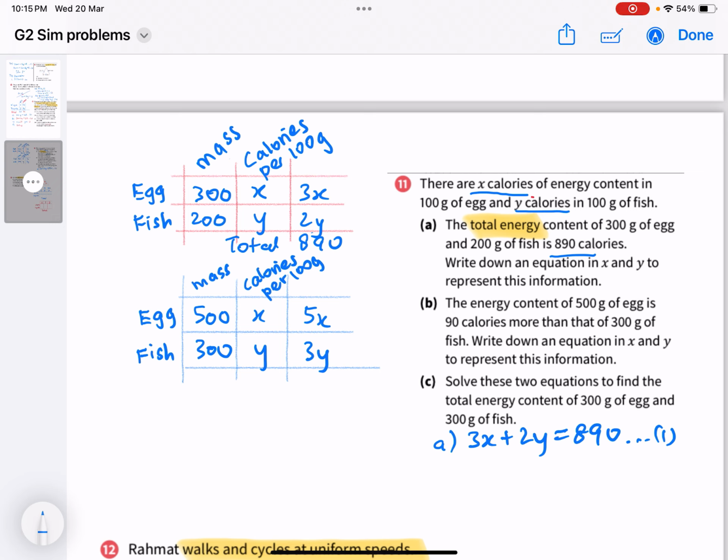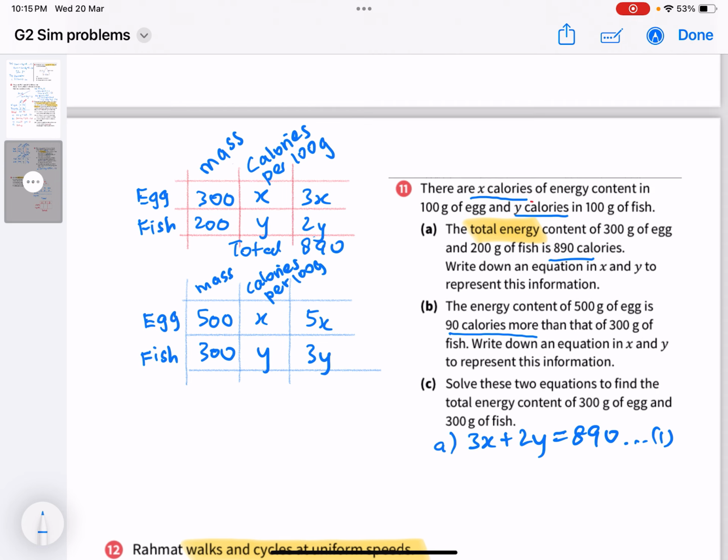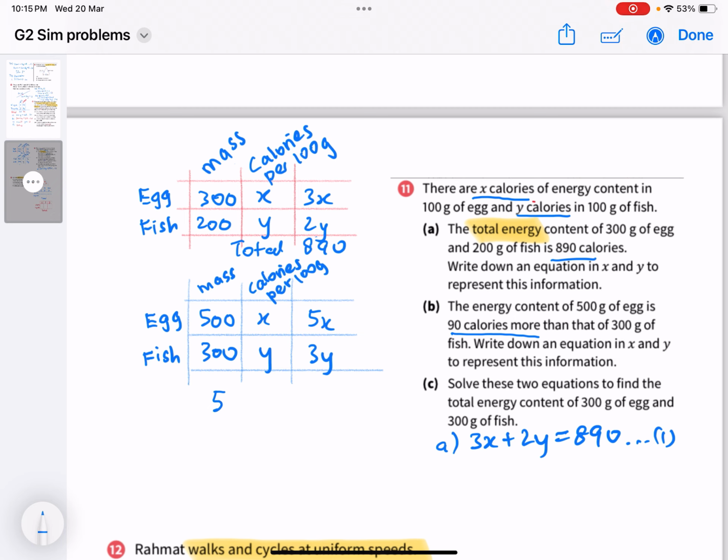Now, they say that the energy for eggs is 90 calories more than the calories for the fish. That means since eggs has more calories, we take the calories for the eggs minus the calories for the fish, and that gives us 90 calories.